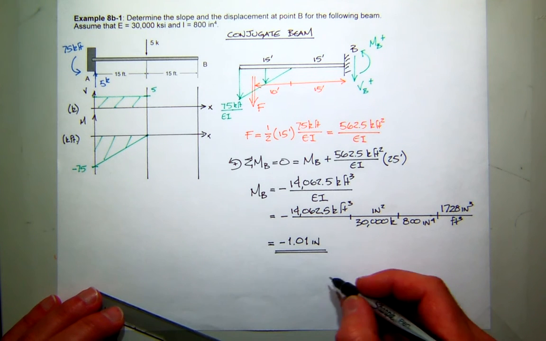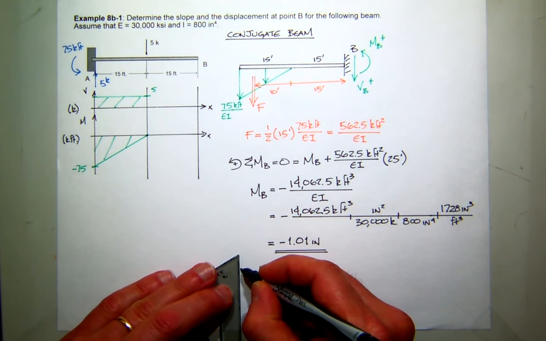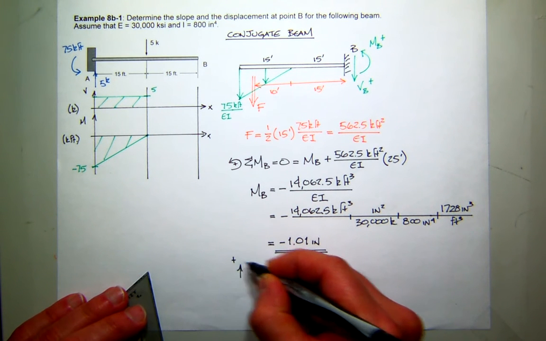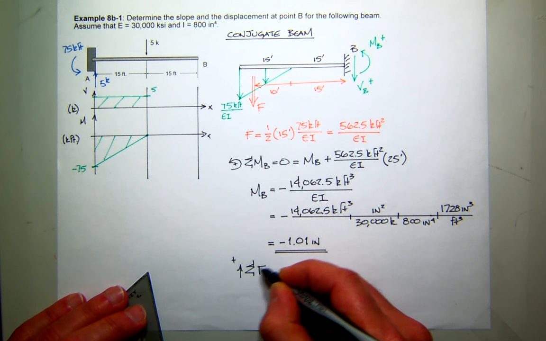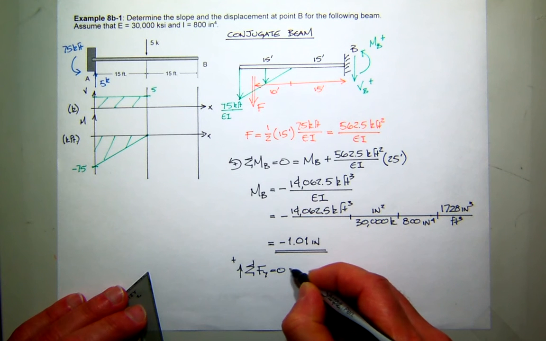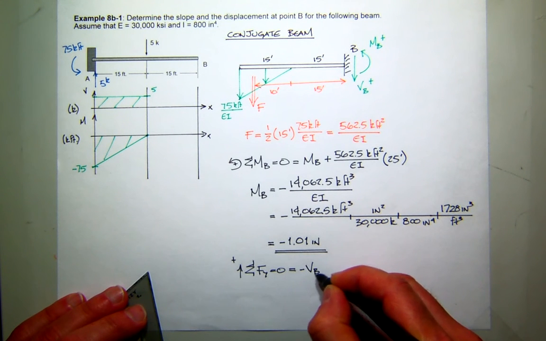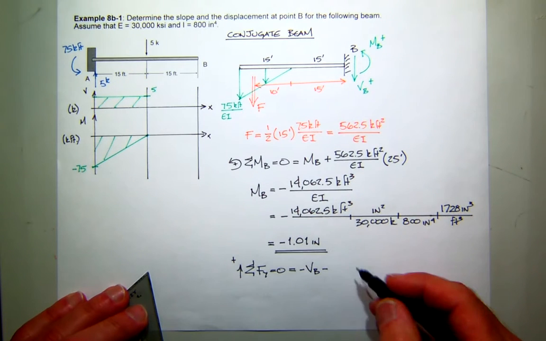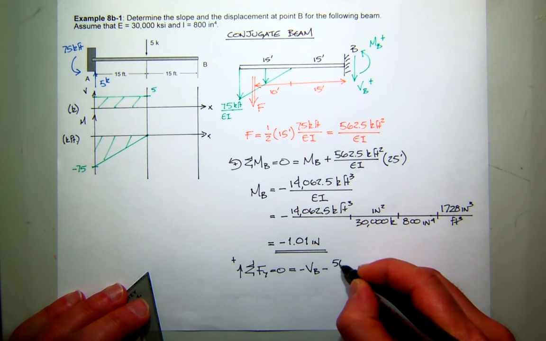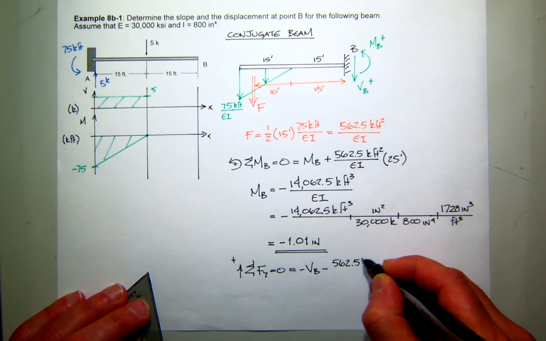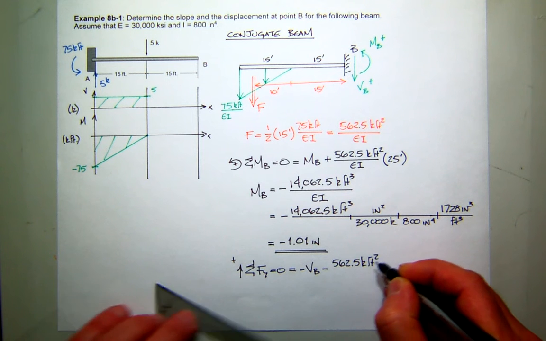Now we can find the shear by summing forces in the y direction. In this case, I have my shear force acting down and my concentrated equivalent force is acting down of 562.5 kip feet squared over EI.